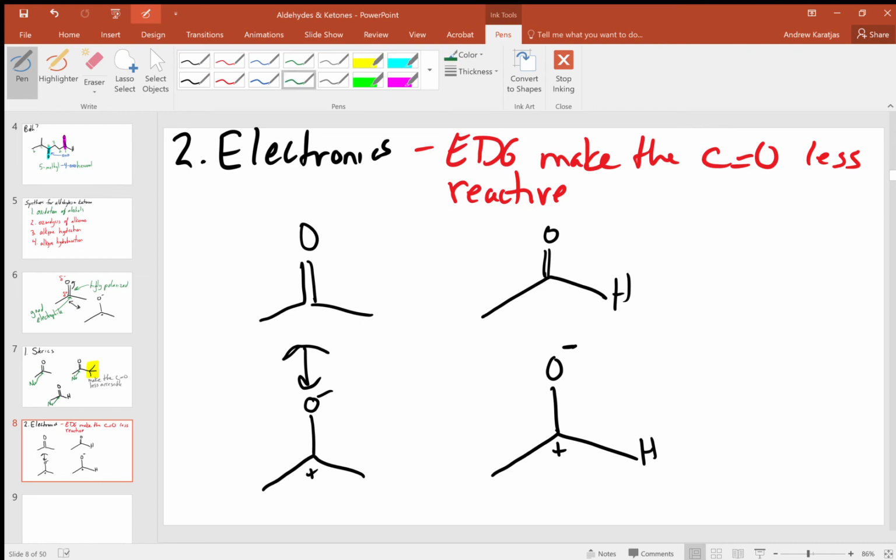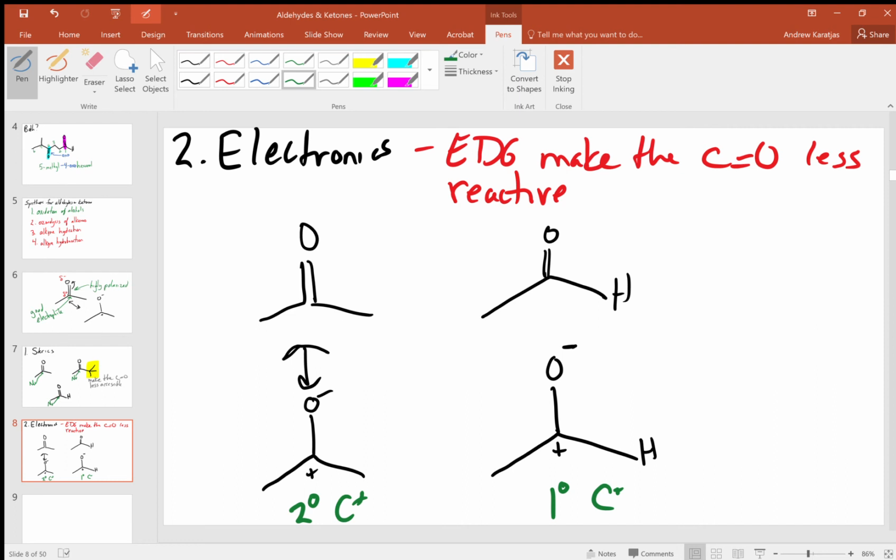Well, in these resonance structures, the ketone is giving us essentially a secondary carbocation, where the aldehyde gives us a primary carbocation. We've talked about it many times in the past that the more substituted a carbocation is, the more stable it is. The more stable it is, the less reactive it is.